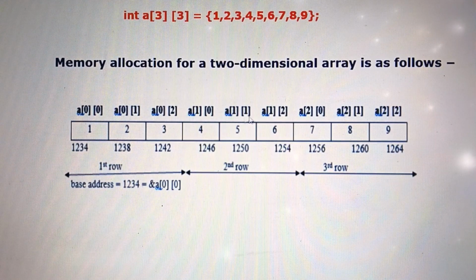These are the identifiers of the 3 rows and each of their columns: the first subscript is for row, the second subscript for column. The base address of the first element is 1 2 3 4. Then like that the rows are arranged in memory, placed next to each other. Is it clear how memory is allocated for a double dimensional array?